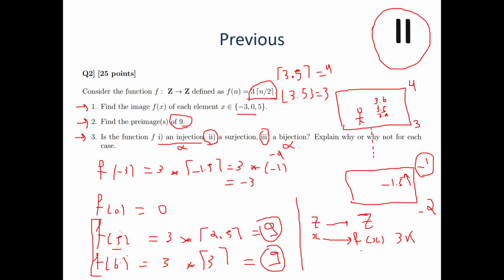Then everything that's not a multiple of 3 is not going to have a preimage. So 2 doesn't have a preimage, 4 doesn't have a preimage, and so on. You can think of a bunch of other numbers. So again, surjective means any number in your image set is going to have some pre-image here.